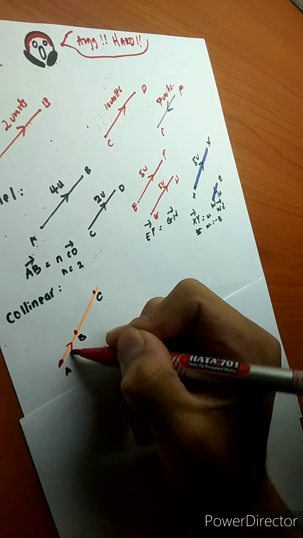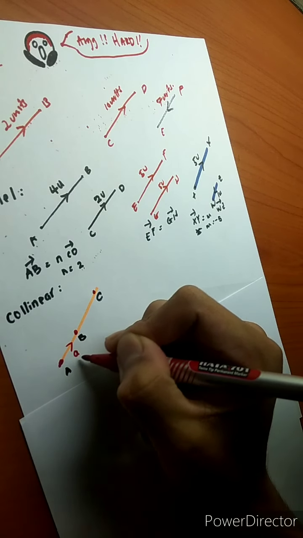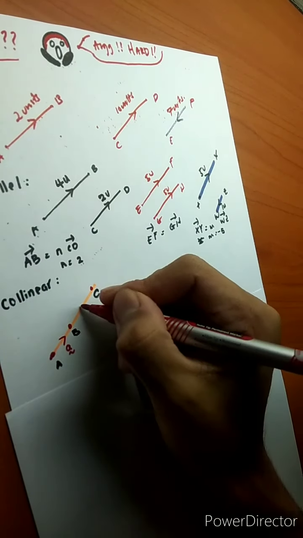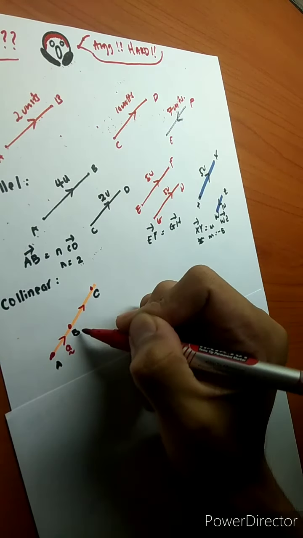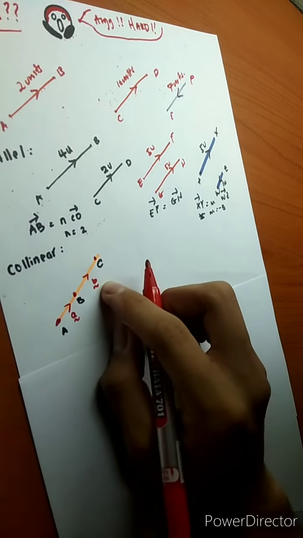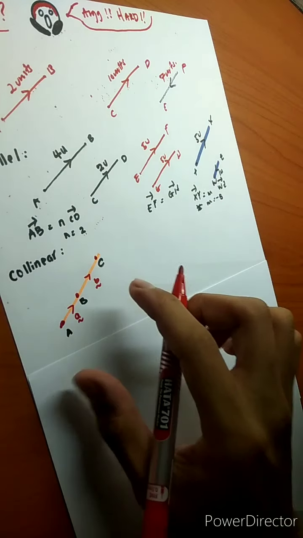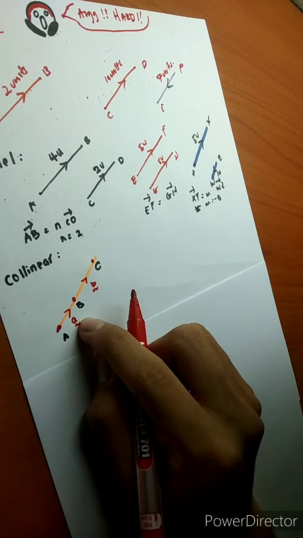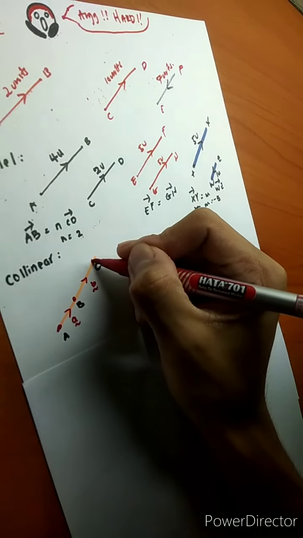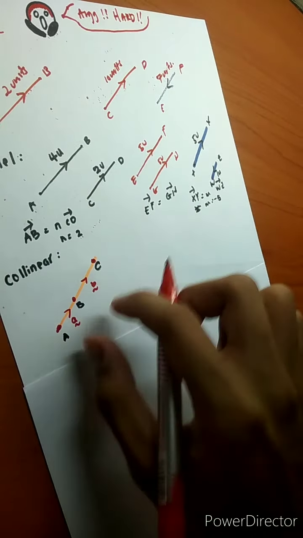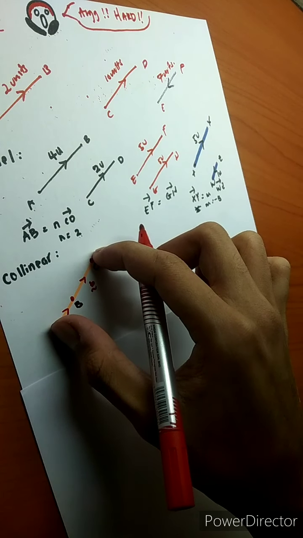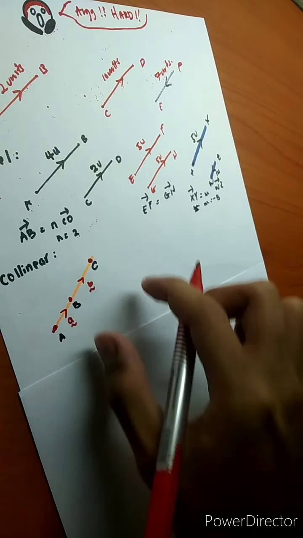Vector AB I represent by small-case vector a, and BC is represented by vector b. So we can say that vector a is collinear with vector b, since we have 3 points lying in the same vector line, like this situation, as you can see.